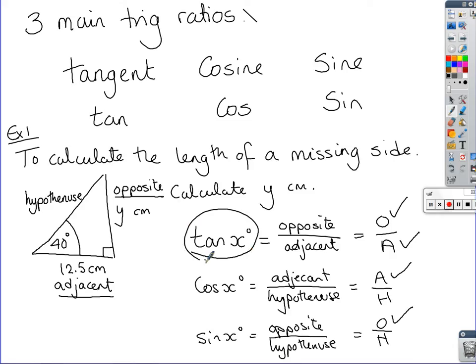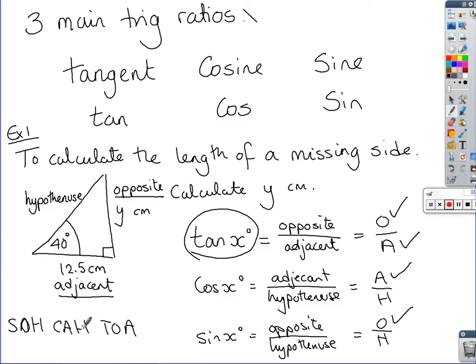Now there is another way that people tend to remember this, and you might have heard of it before. That would be SOH CAH TOA. So that's just a shortened version of this information here. The SOH comes from the sine with the opposite over the hypotenuse. The CAH comes from the cos with the adjacent over the hypotenuse.